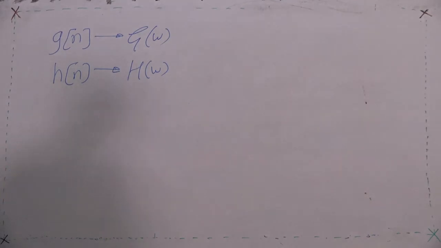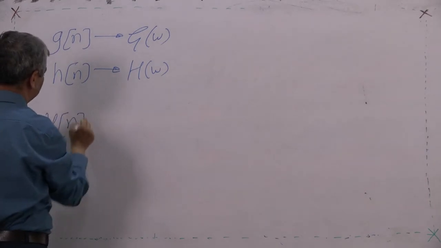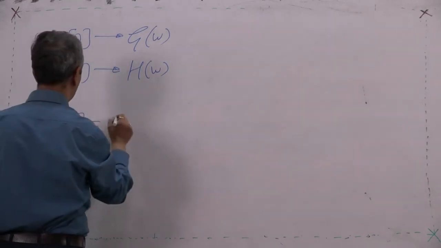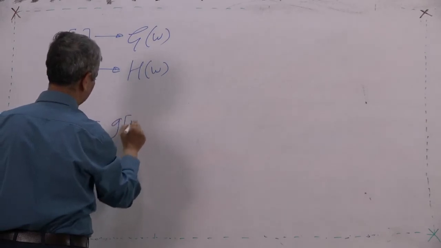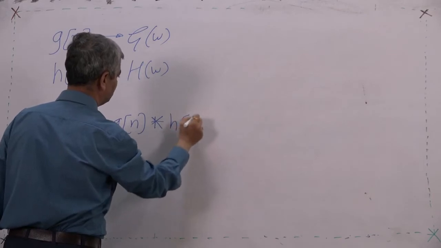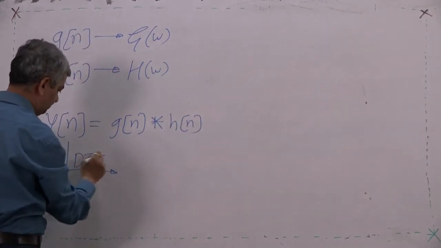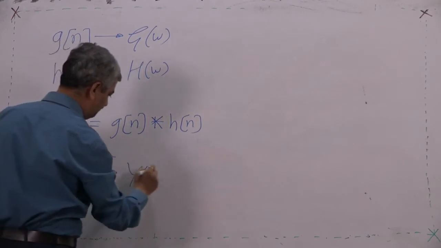Then Gn and Hn are two sequences. Suppose I now prepare another sequence Yn, which is the convolution of Gn and Hn. Then this Yn will also be transformed to something, it will be y omega.